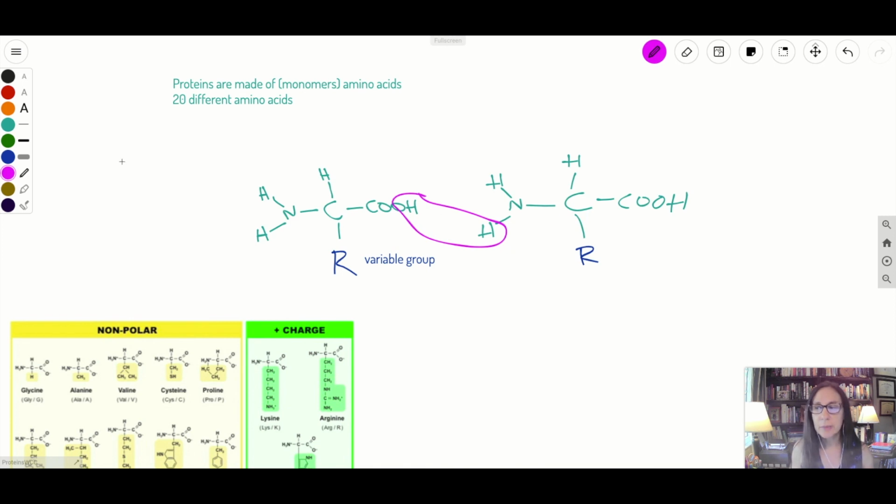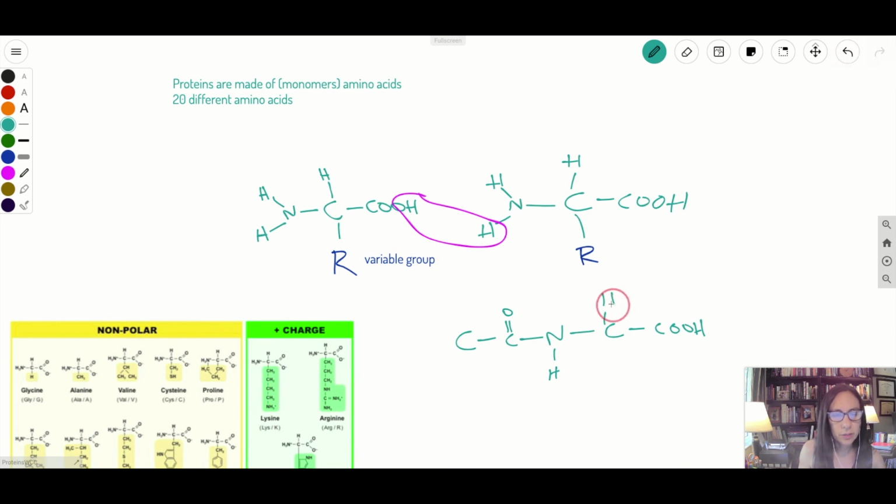So we have the central carbon of one amino acid bound to the carboxyl group, which has just one oxygen now, and that carbon is bound to the nitrogen of the next amino acid, which is bound to just one hydrogen because it lost one. And then here is the central carbon of the next amino acid, so here is the carboxyl group, and this is a hydrogen.